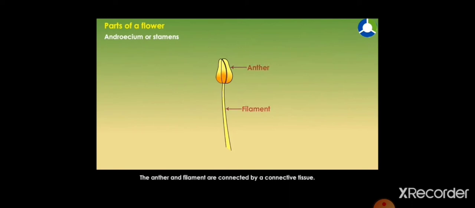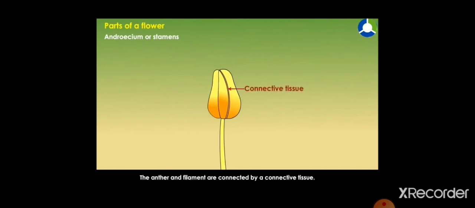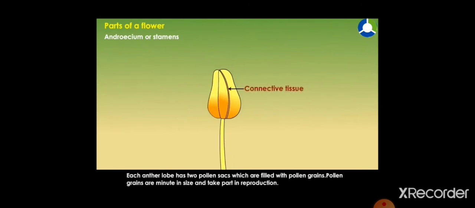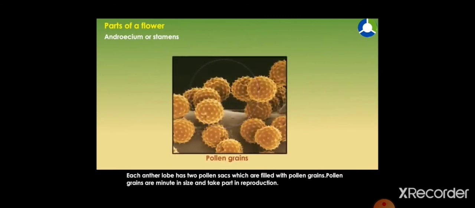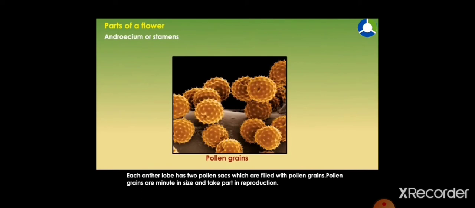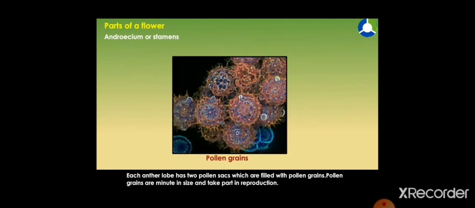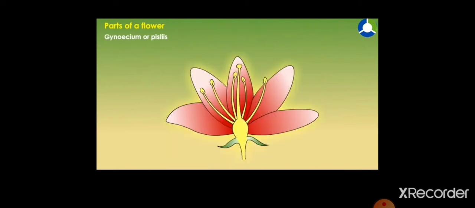The anther and filament are connected by a connective tissue. Each anther lobe has two pollen sacs which are filled with pollen grains. Pollen grains are minute in size and take part in reproduction.